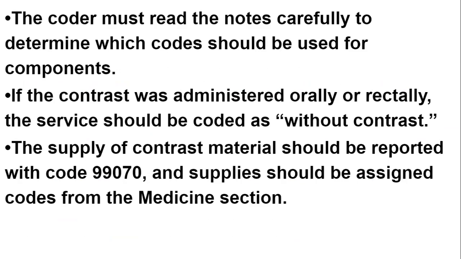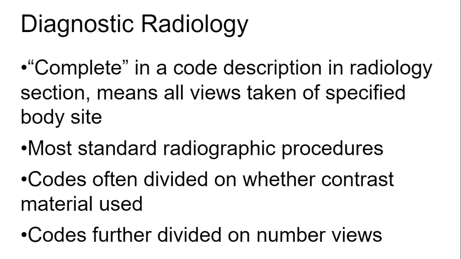If the contrast was administered orally or rectally, the service should be coded as without contrast. The supply of contrast material should be reported with code 99070, and supplies should be assigned codes from the medicine section. Okay, now we're going to move on to diagnostic radiology on page 597.